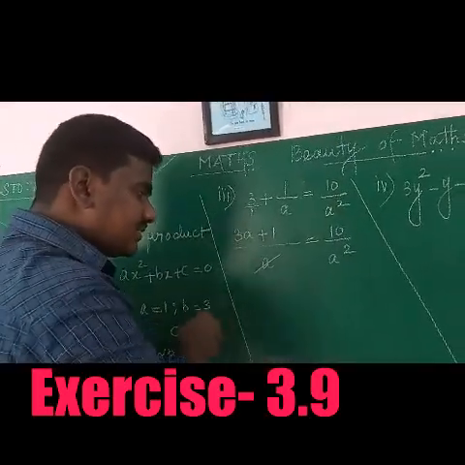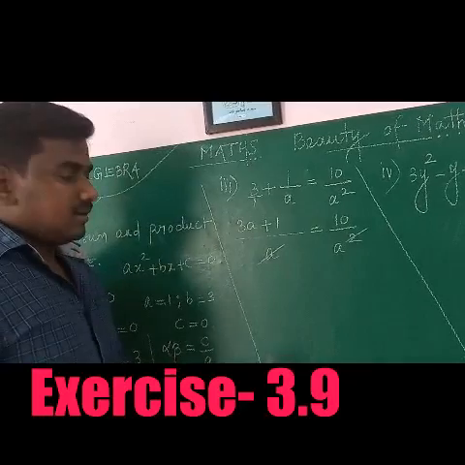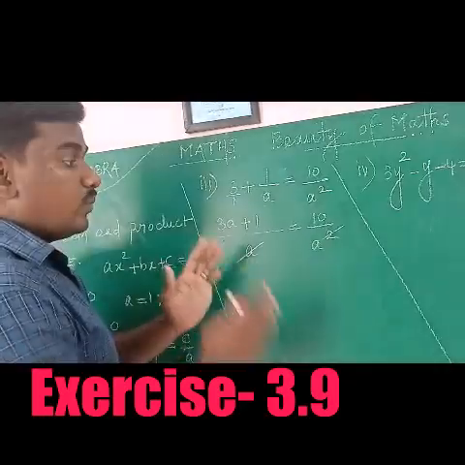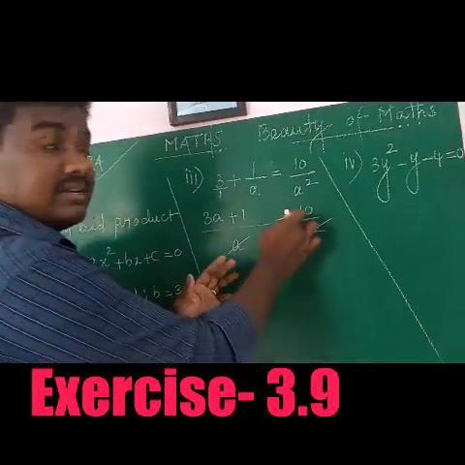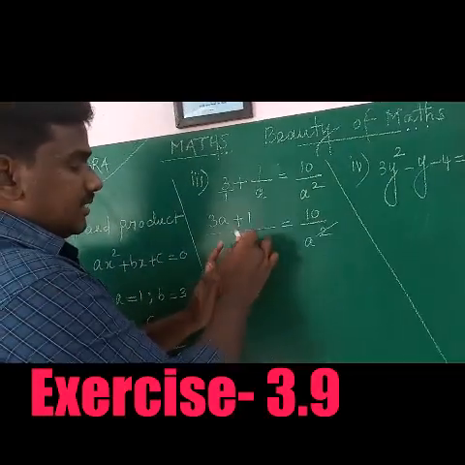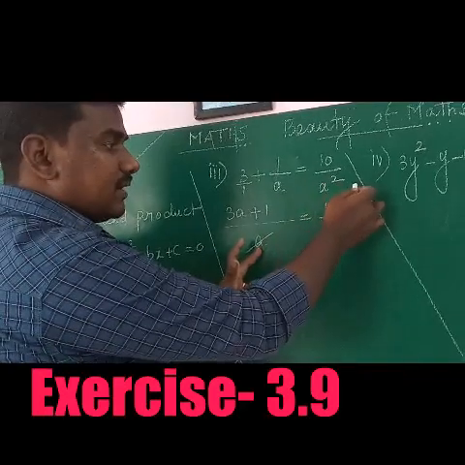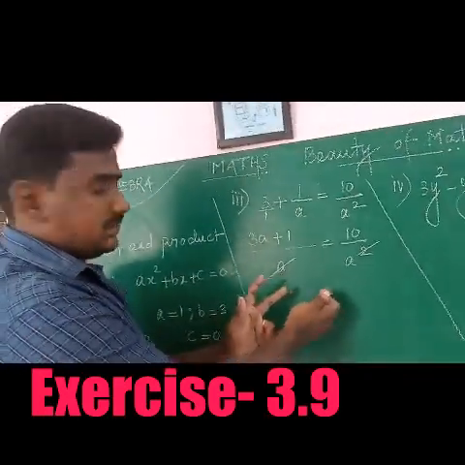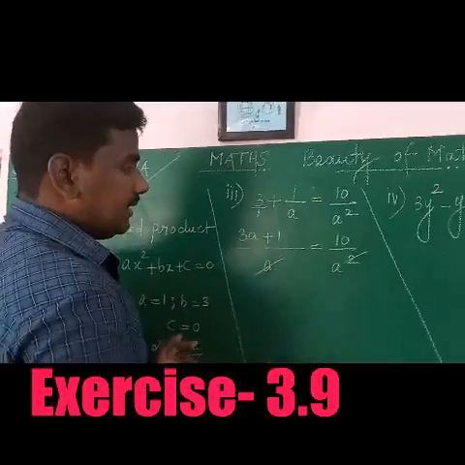See, you can cancel this a and this a square. If we have the same common denominator, we can cancel it. When the equal sign is there, if we take the right hand side, it should become the numerator, so we can cancel it. This a and this a square can be cancelled.